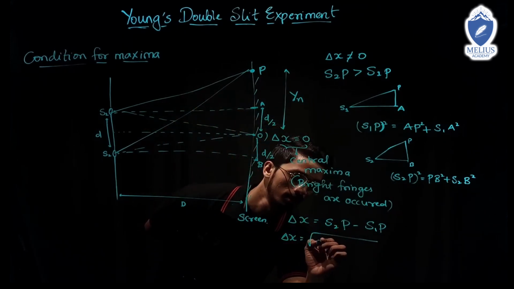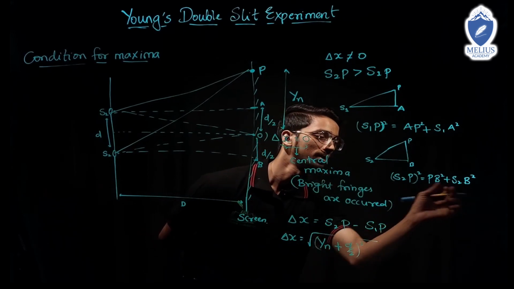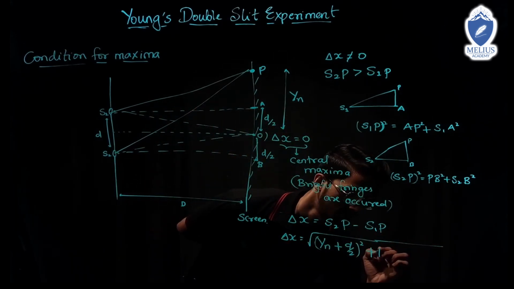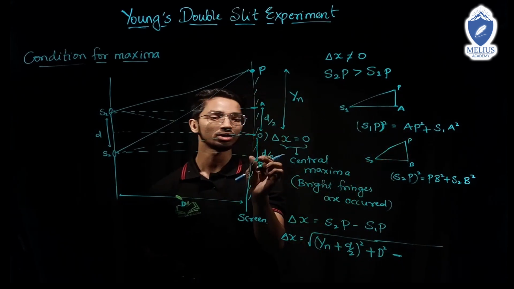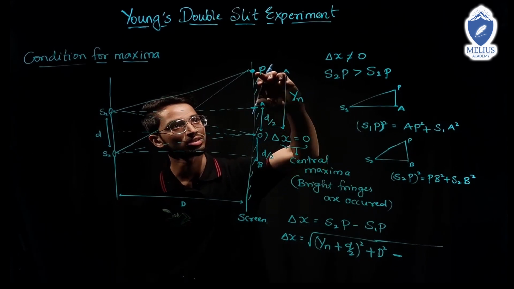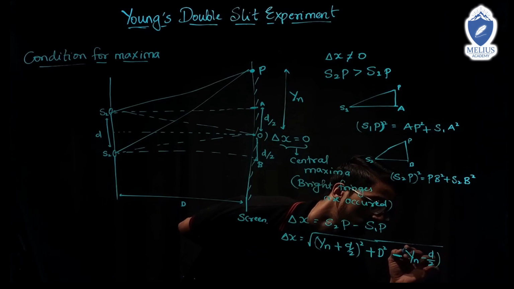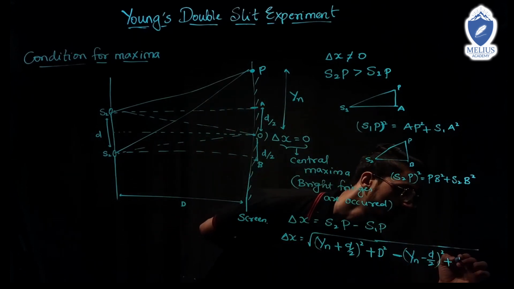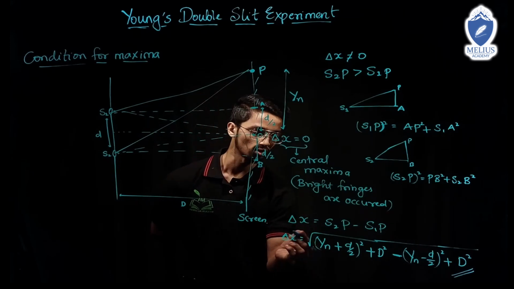So root of (yn plus d by 2) the whole square plus D square, minus S1P, which is root of AP square plus AS1 square. AP is yn minus d by 2, so (yn minus d by 2) the whole square plus D square. This is the actual path difference we get, but this is not useful for NEET.